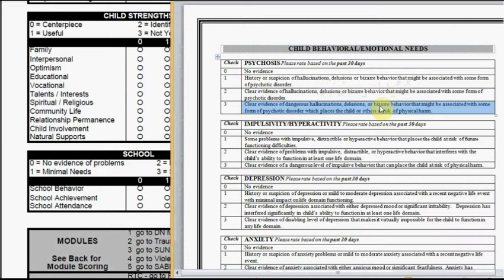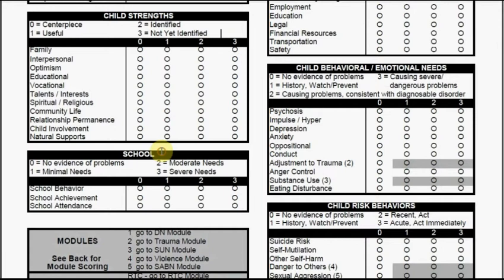So it's clear evidence that these positive symptoms are the dangerous type, and that they also might be associated with some form of psychotic disorder, but because of the dangerousness of these positive symptoms, the child is at risk of physical harm, or the child is placing others at risk of physical harm.